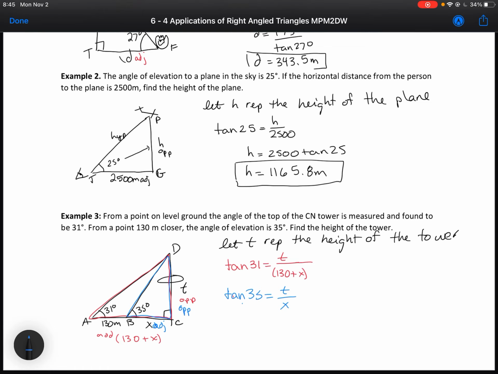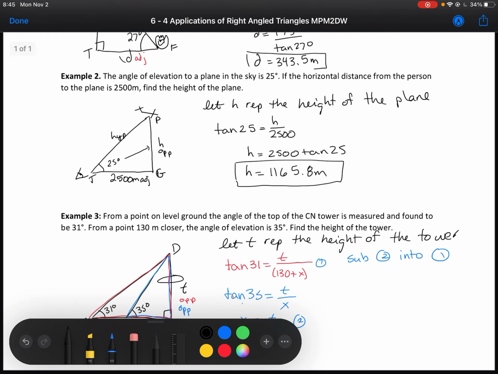Now what you should notice is that I've got two equations and two unknowns. I can rearrange my blue equation to get x in terms of T, which is going to allow me to substitute in and solve. So I'm going to sub equation 2 into equation 1.